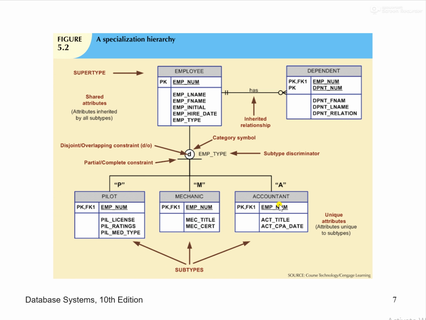So this is a specialization hierarchy between the supertype and subtype entities, and this specialization hierarchy between employee and its subtypes represents a one-to-one relationship between employee and its subtypes.